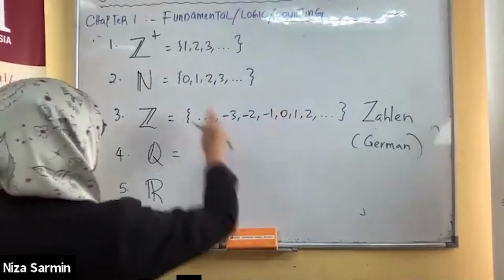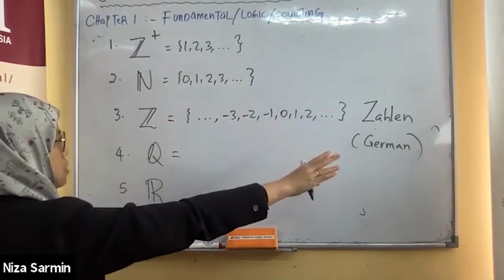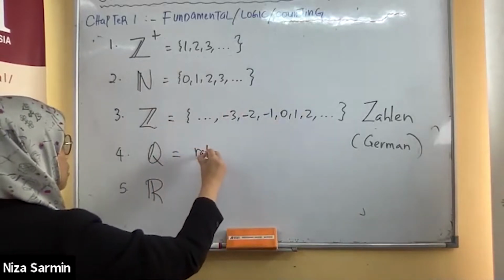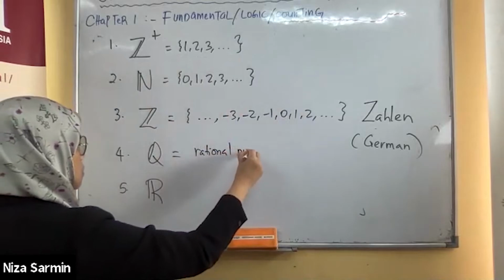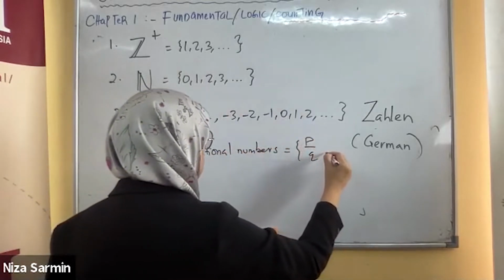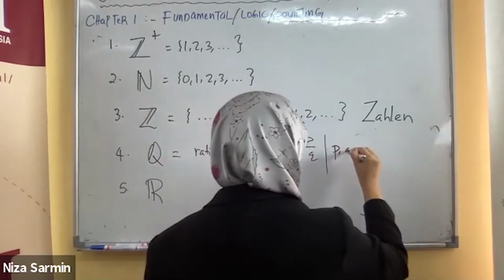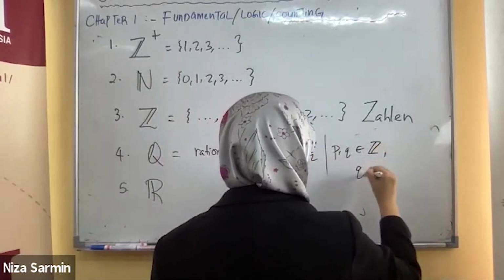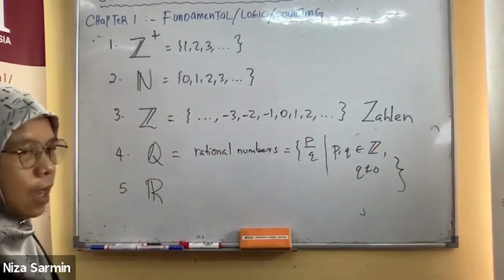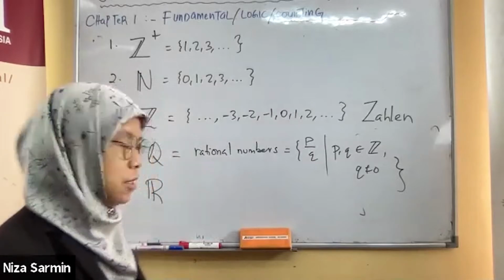All right, now subset, right? This is the whole set. So remember, positive integer, natural number, integers. Q is the rational number, right? Rational numbers, which is P over Q, P, Q in Z, Q cannot be 0. Any numbers that can be written as a fraction.